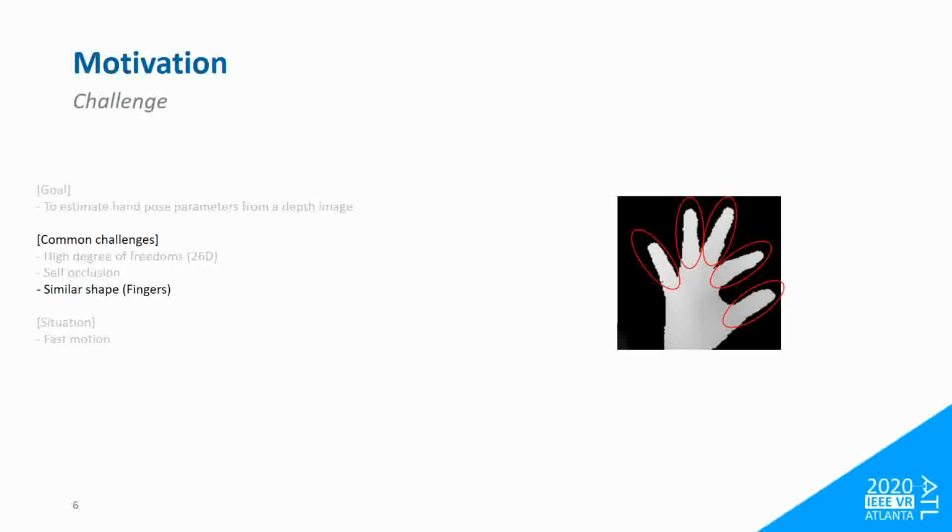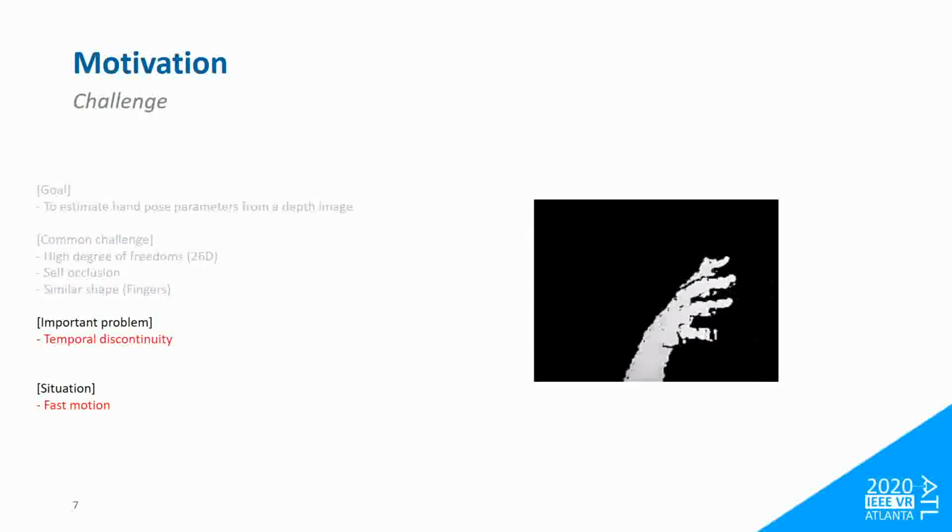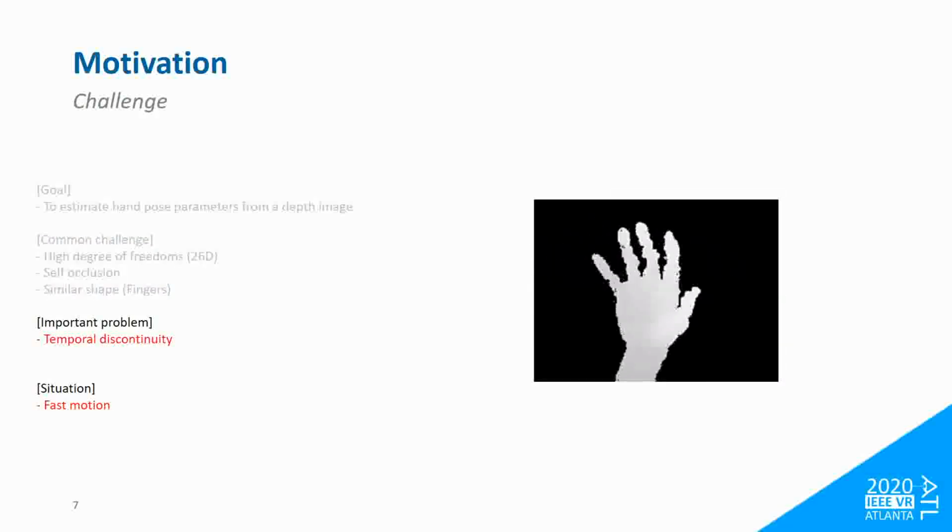Existing methods already successfully estimate hand pose parameters in some situations, but our target situation is different. We introduce additional challenges in this research. The first one is temporal discontinuity. In the video, the hand rotates fast. In this motion, the temporal continuity is broken.